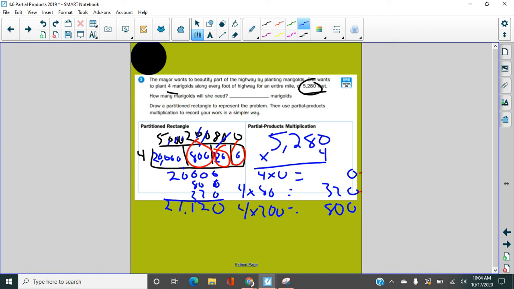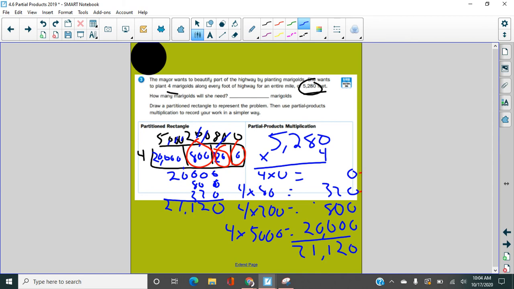See, look, 4 times 5,000 equals 20,000. And when I add those up, I get the same thing.